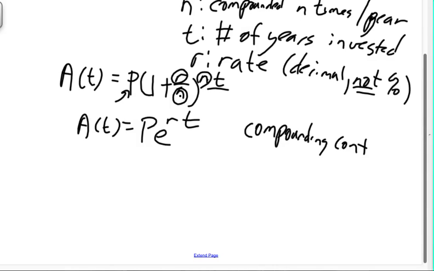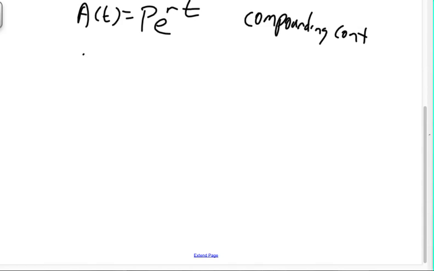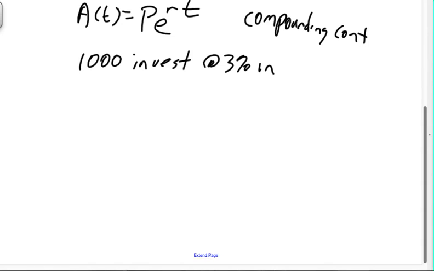Let's work an example. So let's say we have $1,000 we're going to invest at 3% interest for 10 years.